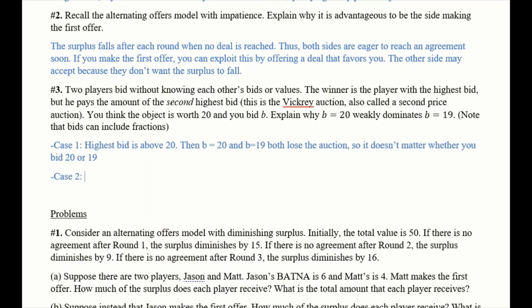Another possibility is that the highest bid from your other bidders is below 19. So it could be like a bid of, let's say, just to pick a number, 15. Well, in that case, whether you bid 19 or whether you bid 20, you're going to win the auction.